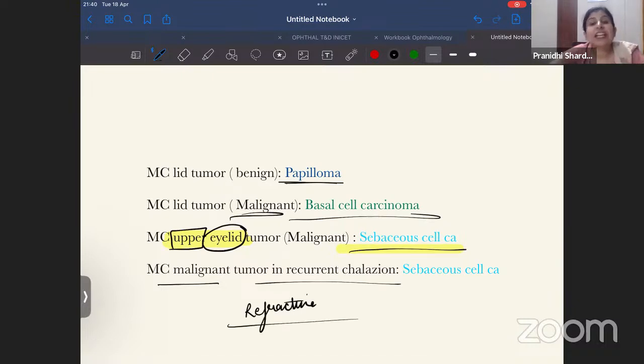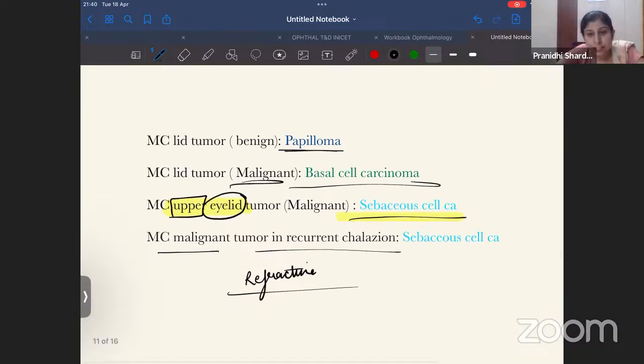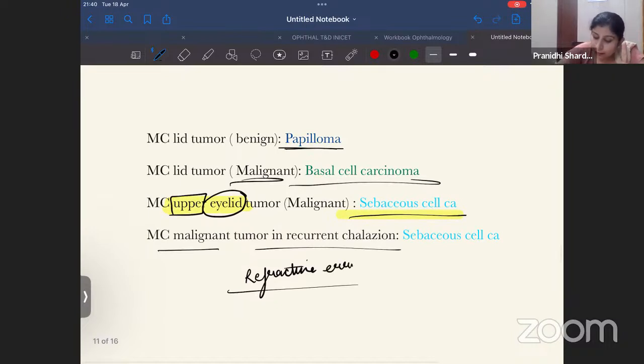The child has refractive error, is not able to convey that he has blurry vision, but is continuously rubbing his eyes to look clearly, and suffers from recurrent chalazion. In a child, most common cause of recurrent chalazion is refractive error.